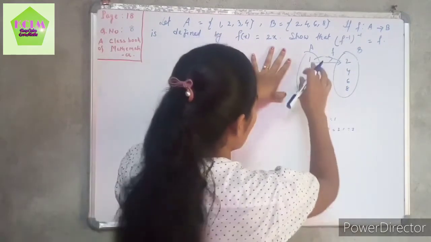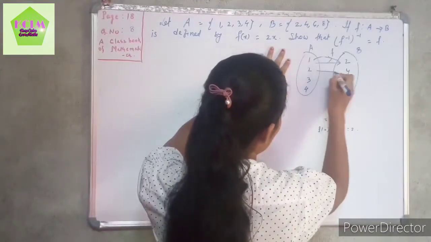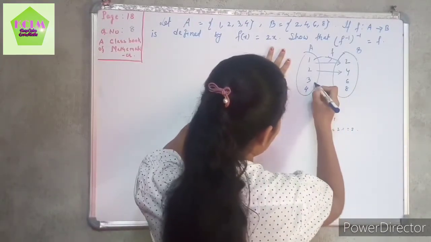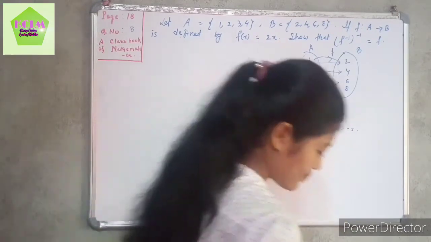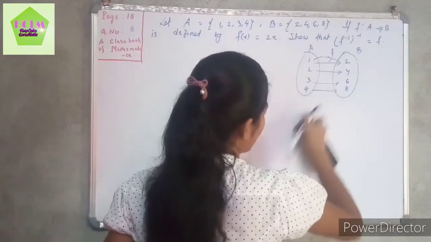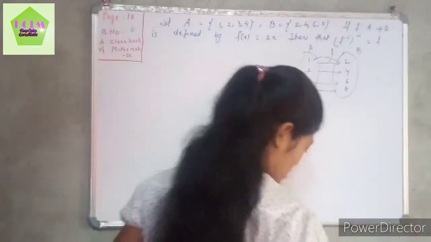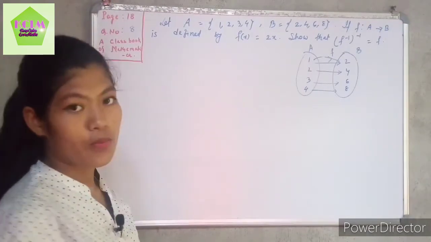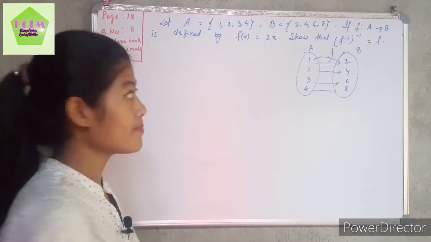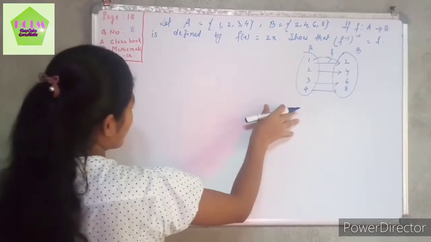So 2 relates to 4, 3 is going to 6, 4 is going to 8, right? From the figure, it is very obvious that this function is 1-1, right? So this function is 1-1.